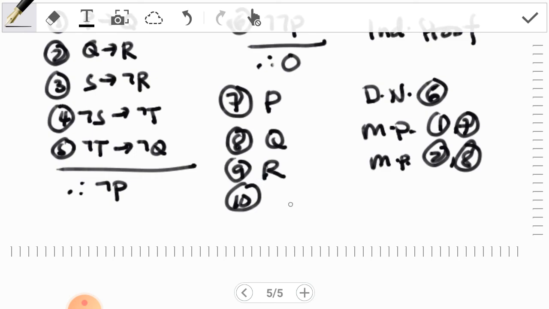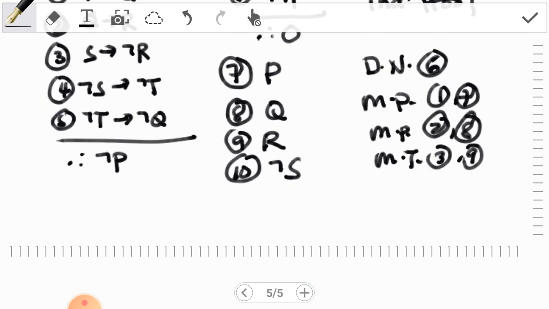Therefore, if we use modus tollens, that will give us not S. Modus tollens of what lines? We have utilized 3 and 9. Modus tollens. And then not S is there.